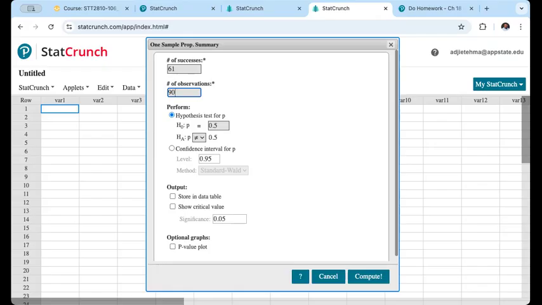We have done this before when we looked for the confidence interval here, but today we are going to use the hypothesis test, so we maintain it here. In the hypothesis, we had p to be 0.8, so we change this 0.5 to 0.8. And then we change the alternative from not equal to less than.